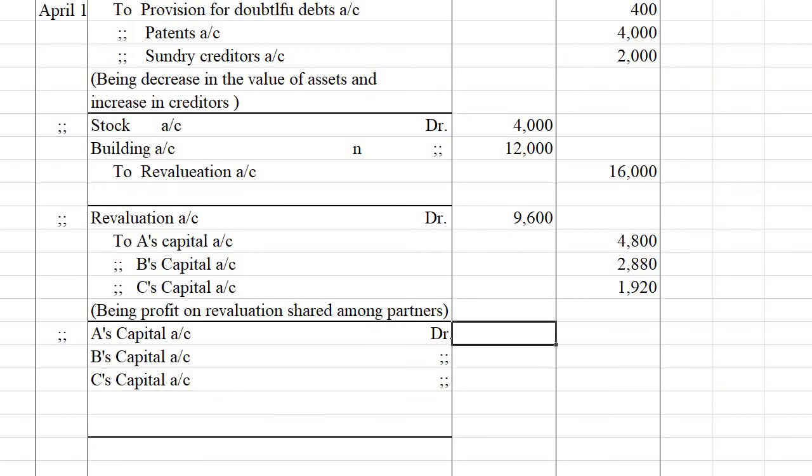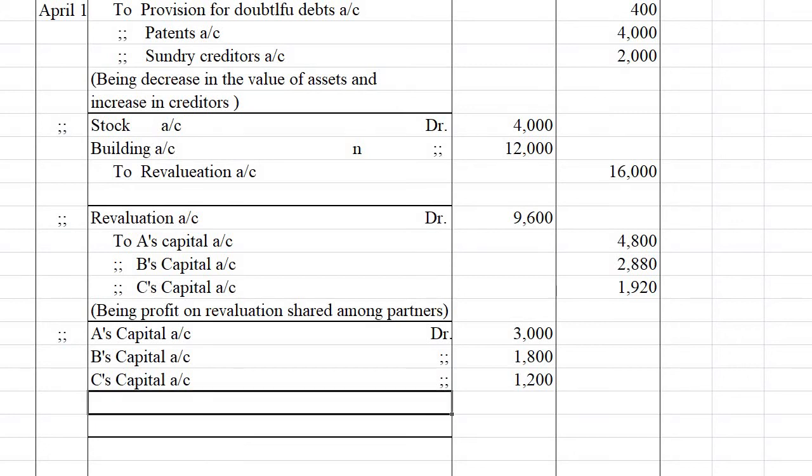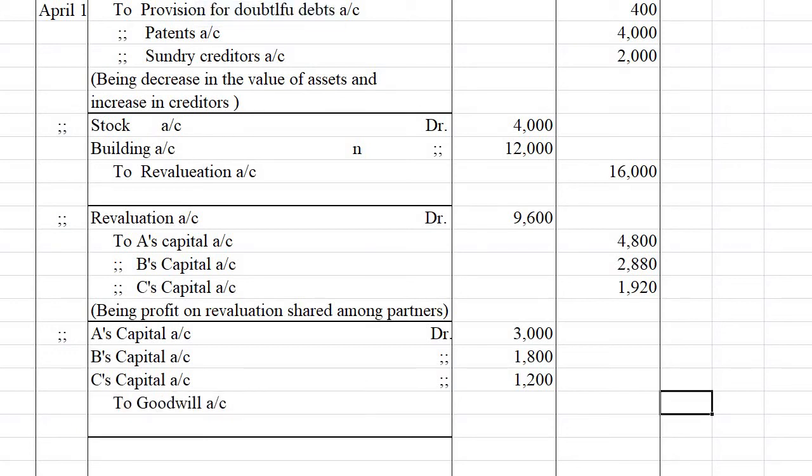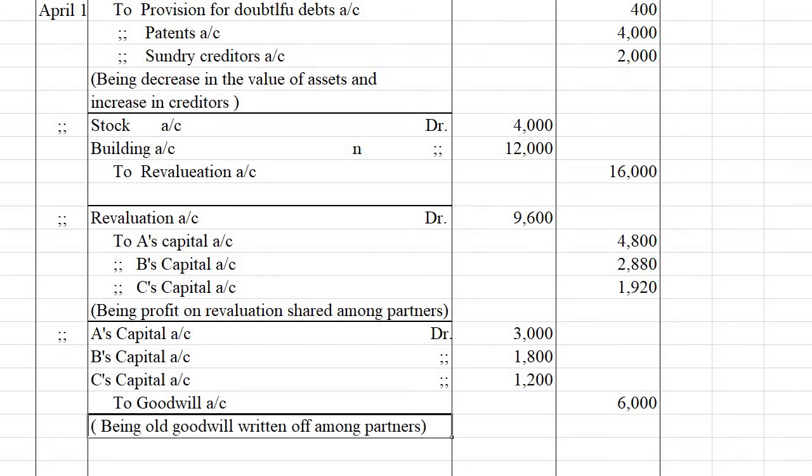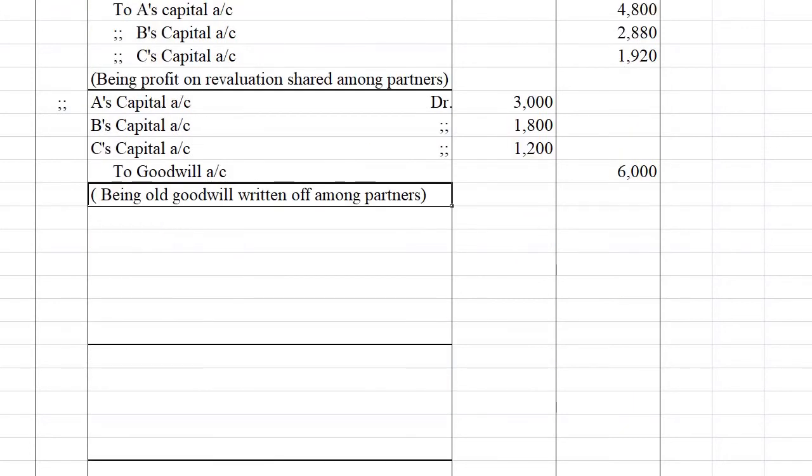That means 3000 and here 1800 and 1200. Goodwill. So the existing goodwill is shared among the partners. The journal narration is written being the old goodwill is written off among the partners.